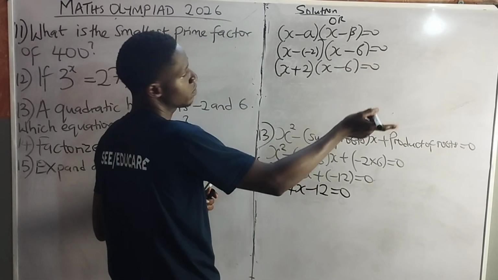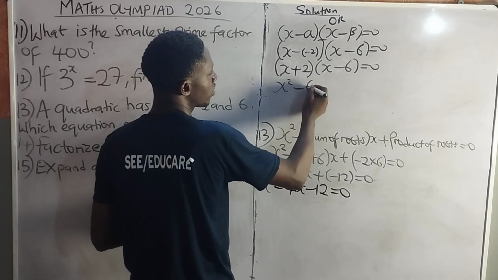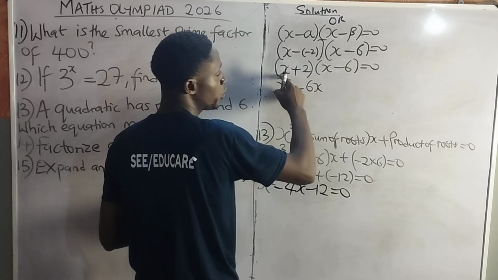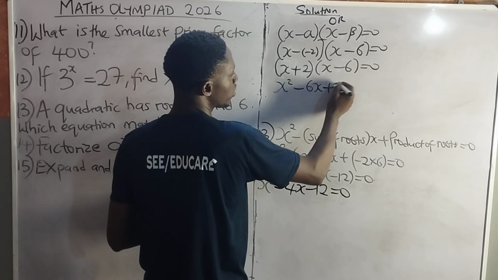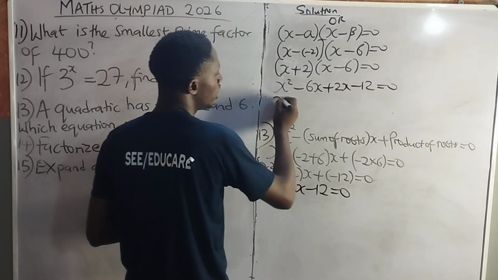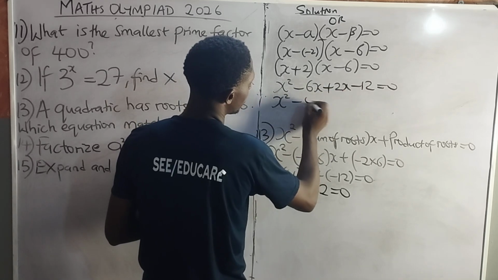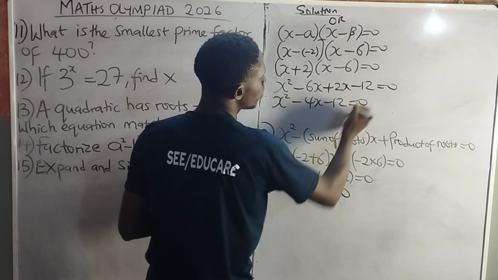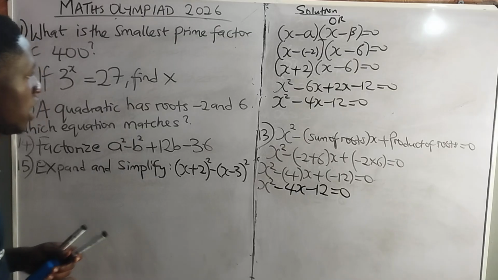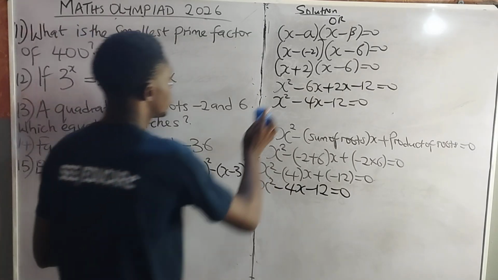Then we will start expanding. x times this is x squared, x times this is -6x. 2 times x is +2x, 2 times -6 is -12, equals 0. Then we'll collect like terms. -6x plus 2x is -4x, -12 equal to 0. Still the same answer. So you can use any method you want. Let's go to the next one.